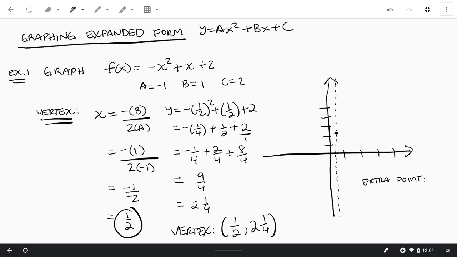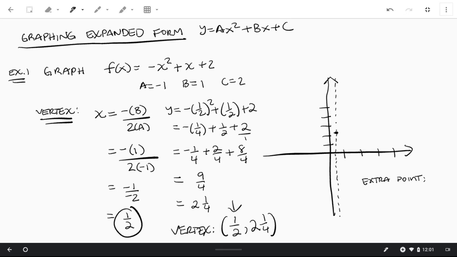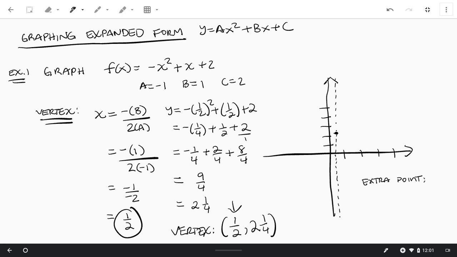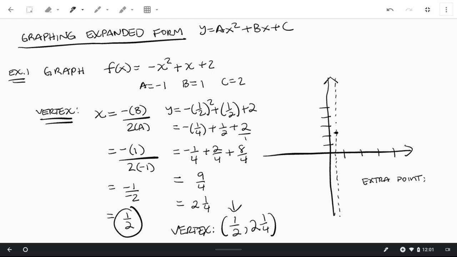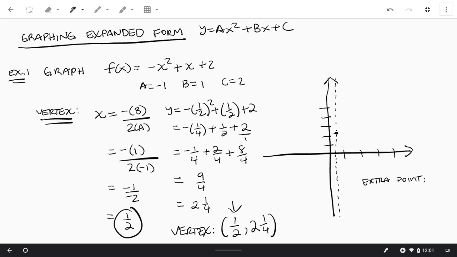I love 0, and you can choose anything except for this x value because you need an extra point. If you choose 1/2, you're just going to get 2 1/4. You don't have another point. You have the vertex. Okay, so you need to choose an x value that is not the x value in the vertex. Okay, so since the x value for the vertex is 1/2, I'm going to choose my favorite number, 0.